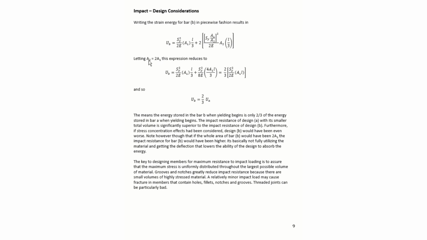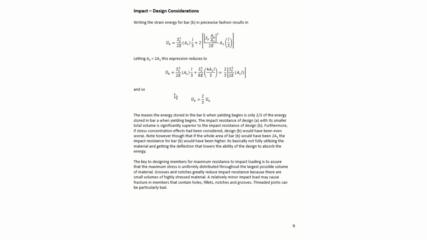Letting the ratio of areas be this factor of 2, the strain energy in rod B can be written as 2/3 of the strain energy in rod A. So what this means is that the energy stored in bar B when yielding begins is only 2/3 of the energy stored in bar A when yielding begins.